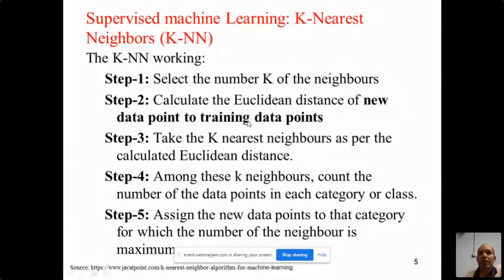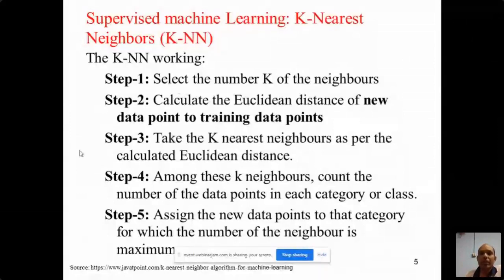Then in the third step, you have to take the k nearest neighbors as per the calculated Euclidean distance. Suppose you have 10 data points and you have taken k equal to 3, then in that case you take only the 3 nearest neighbors.